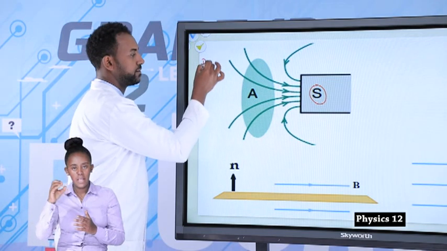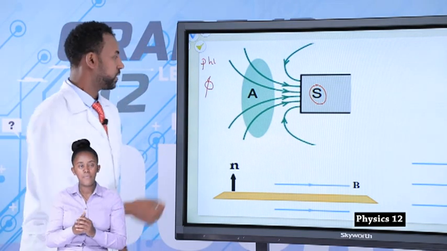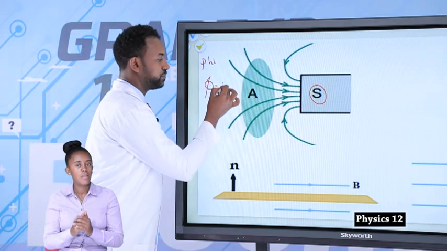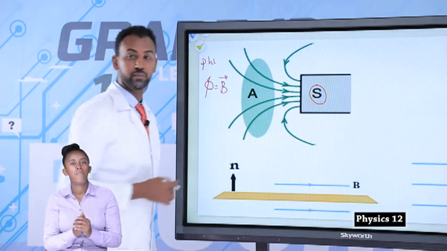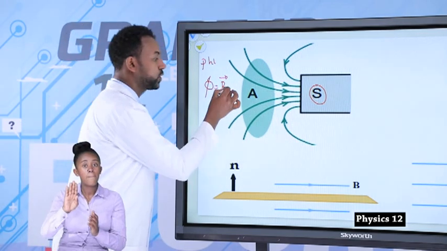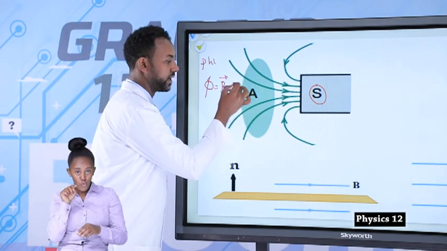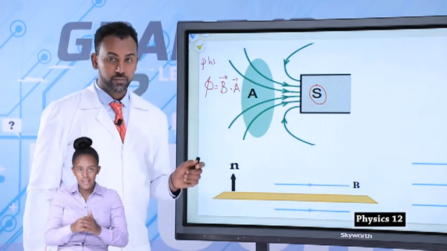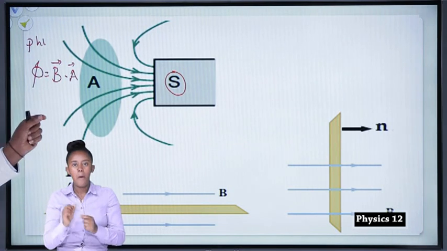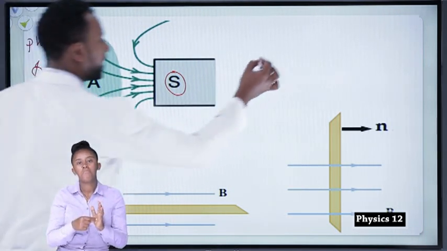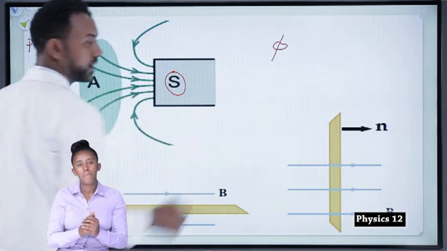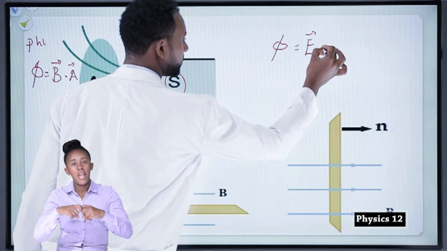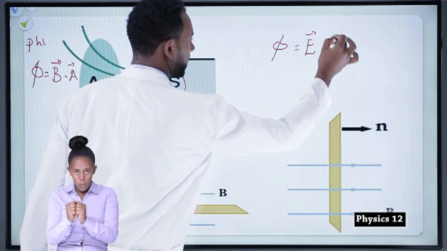This is a Greek letter, phi. So flux phi is given as B, the magnetic field, dotted with area A. This is how we determine magnetic flux. The same concept applies in electric flux, where flux phi is the electric field strength E dotted with area A.